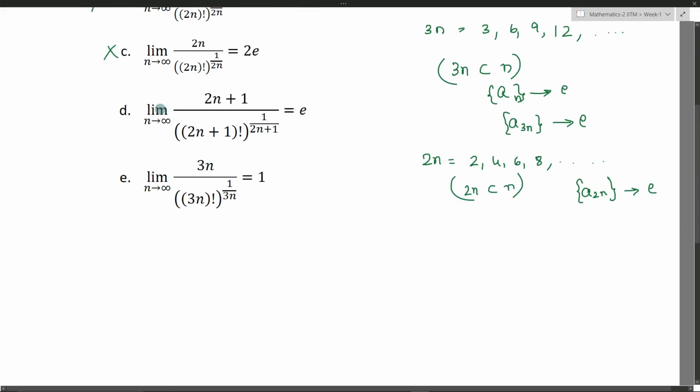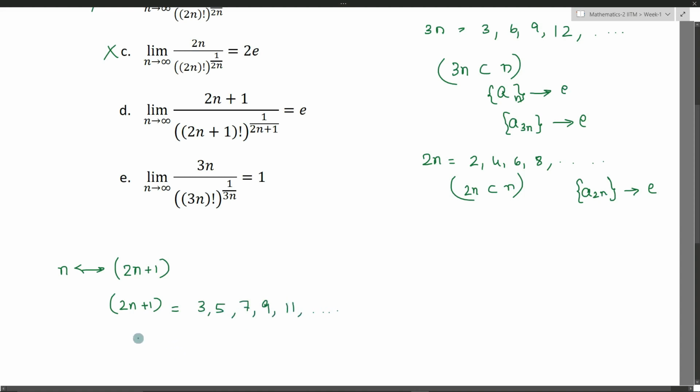So what about option D? In option D, we have 2n plus 1 instead of n. n is replaced with 2n plus 1. What is 2n plus 1? If I substitute n as 1, 2, 3, etc., I'll have 3, 5, 7, 9, 11, etc. All the odd numbers.